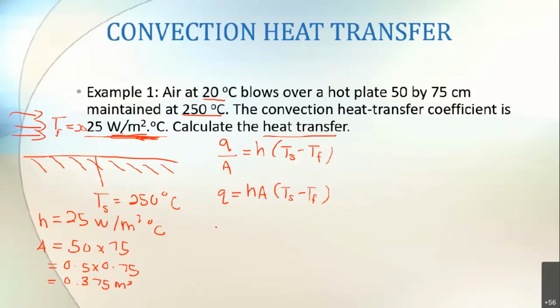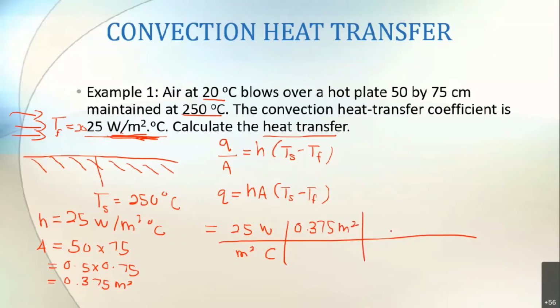So you substitute everything: 25 watt per meter squared degree Celsius times the value of A, 0.375 meter squared, times 250 minus 20 degrees Celsius.